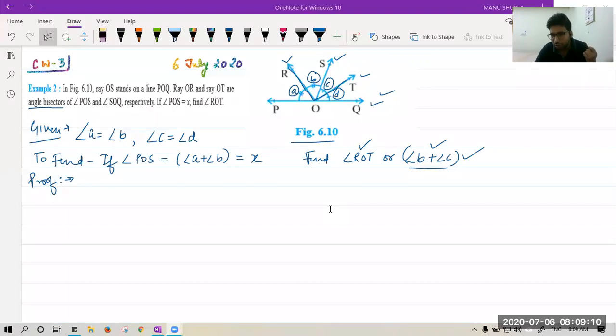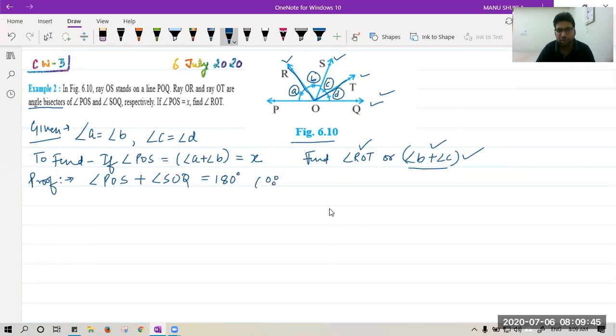Utkarsh is saying the question is 180 minus X. Okay. X plus ROT is equal to 180, linear pair. Very good, Mehak. Mishti, linear pair. Very good. Straight angle. Okay. Vaishnav, we all can see linear pair is defined for two angles. So first of all, we should write like this. Proof: angle POS plus angle SOQ is equal to how much? 180 degrees.